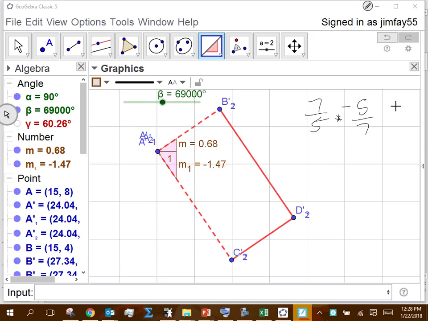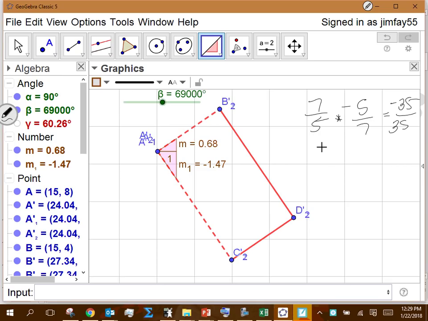What am I going to get up top? 1. Careful. -1. Careful. What's 7 times 5? 35. It's going to be negative 35, right? What's 5 times 7? 35. What's 35 divided by 35? 1. One of them's positive, one of them's negative, right? So when I multiply those opposite sign reciprocals, I got -1, right?